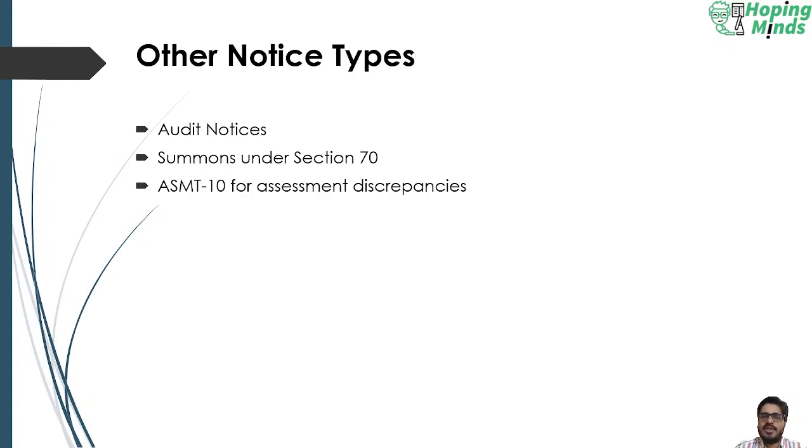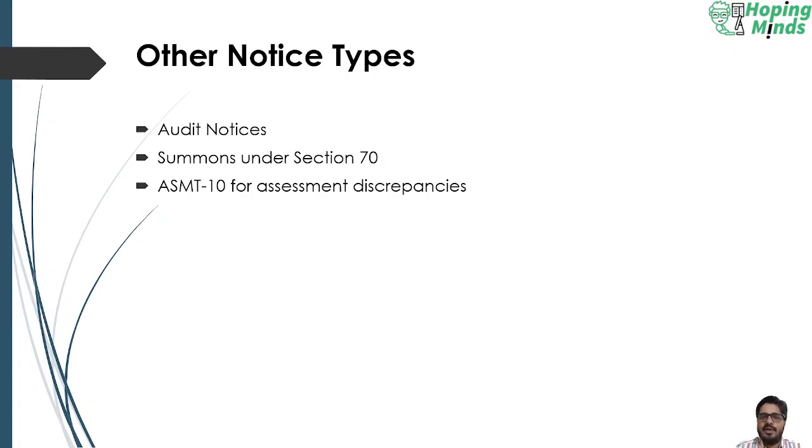Then summons under section 70 of the Act. During an ongoing inquiry, the proper officer has the power to summon any person whose attendance he considers necessary, either to give evidence or produce a document or any other thing that is material while the inquiry is going on.